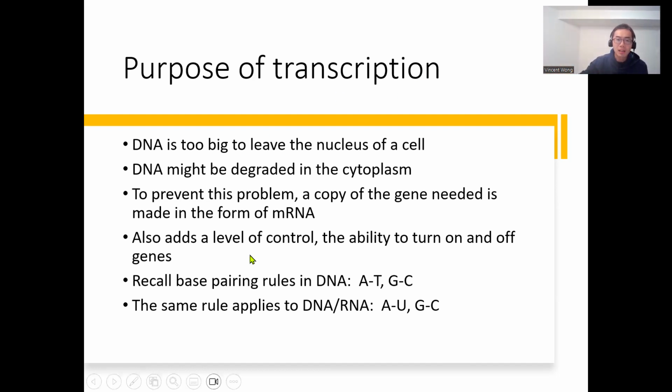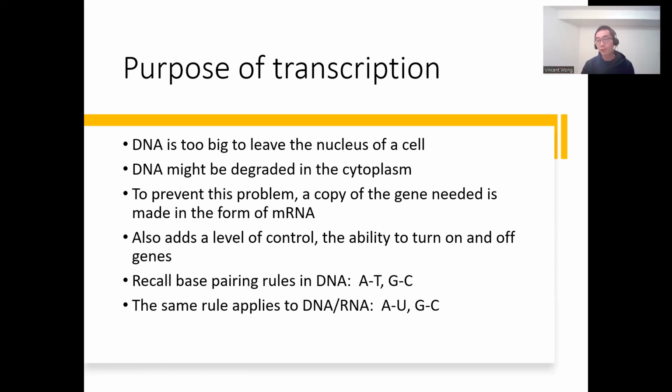So that also adds a level of control, to decide what genes to turn on and what genes to turn off. You have to remember, every single cell in your body, except for the sperm and the egg, has the same set of genetic information. It's the same 46 chromosomes that are found in all your bodily cells, in your liver cells, in your heart cells, in your brain cells, in your kidney cells, all the same.